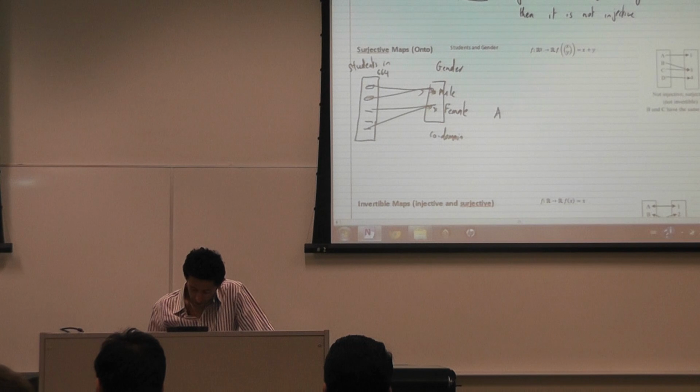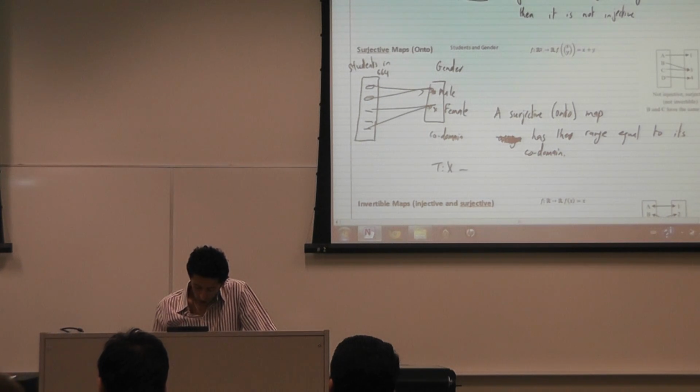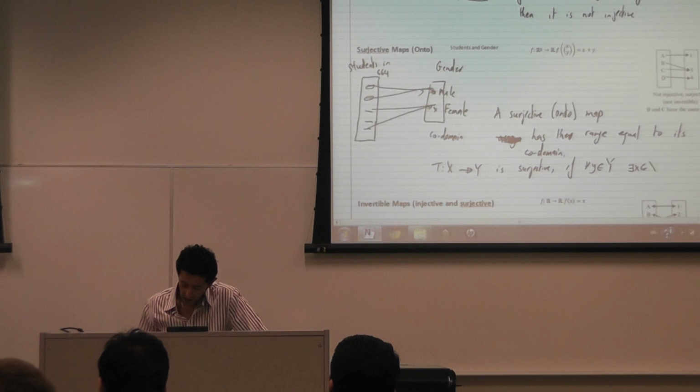So surjective map, or onto map, or in other words, T from X to Y is surjective if for every y in Y, I can find at least one x in X such that T of x equals y.